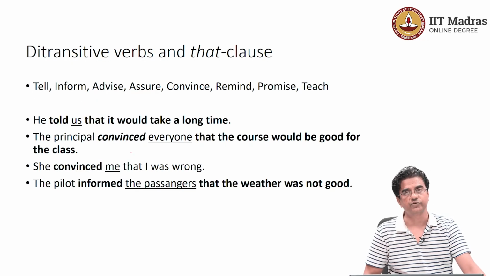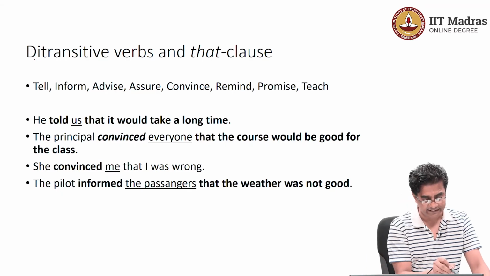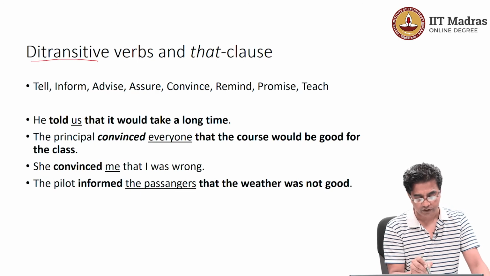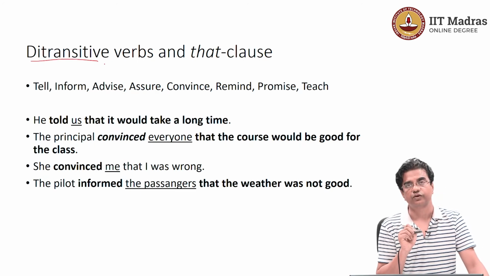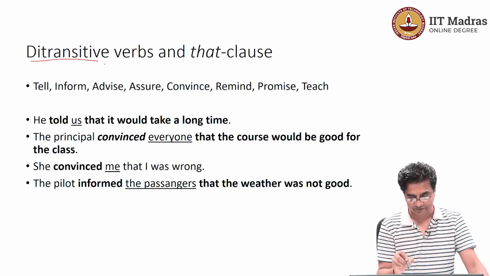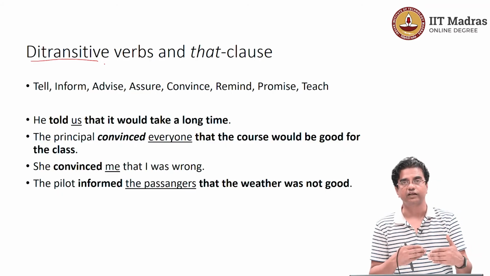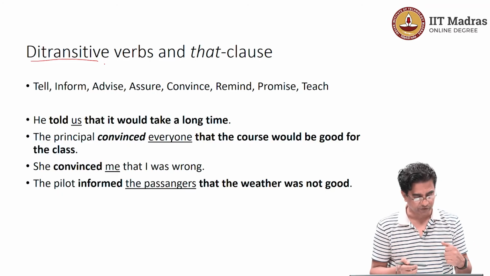Now, I take you back to objects one more time. In this case, we are going to talk about verbs which require two objects, and when the second one is a that clause. So look at this.